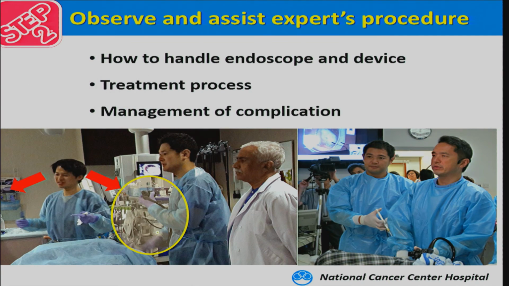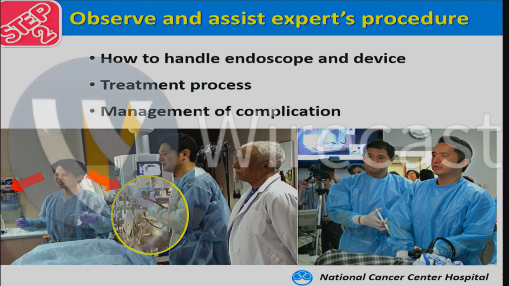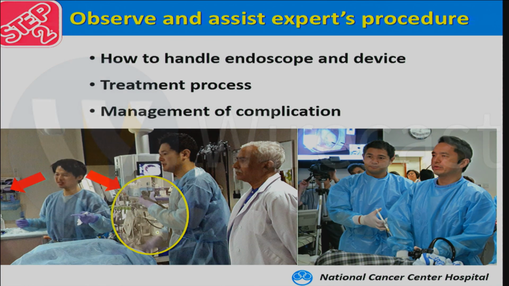It is very essential to learn how to handle the endoscope and devices, and learn the treatment process and treatment strategy, and see the management of complications such as massive bleeding and perforation. So I believe the position of the assistant is the best because they can see both the monitor and the expert's hand. And actually, I was assisting my boss, Professor Saito's procedure when I was the chief resident.